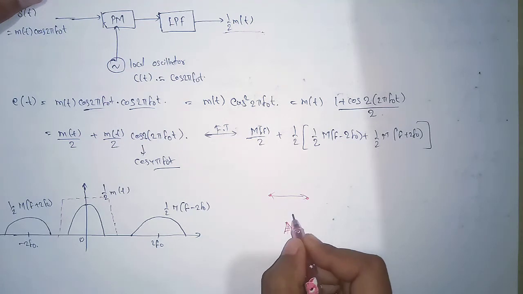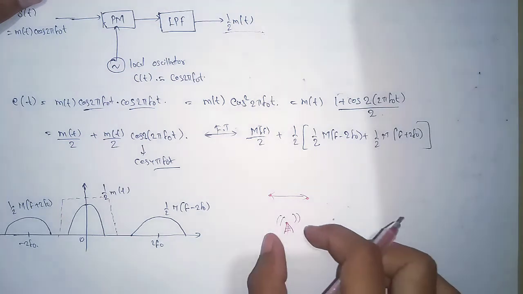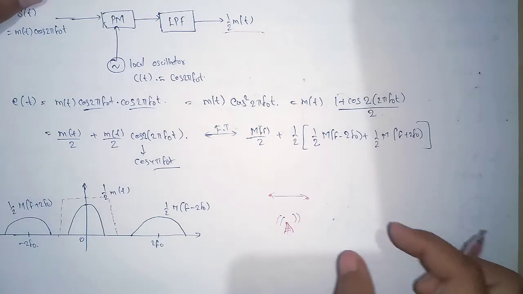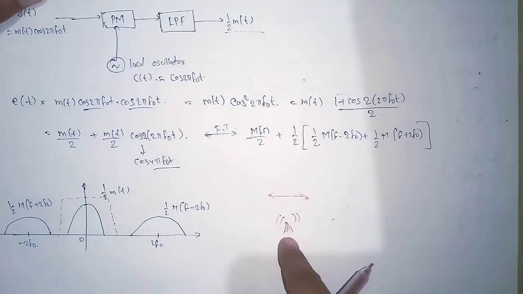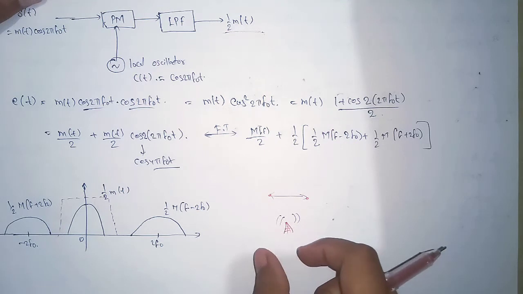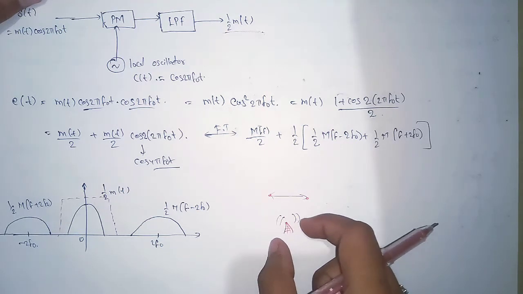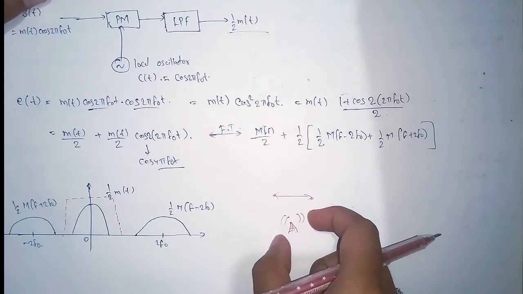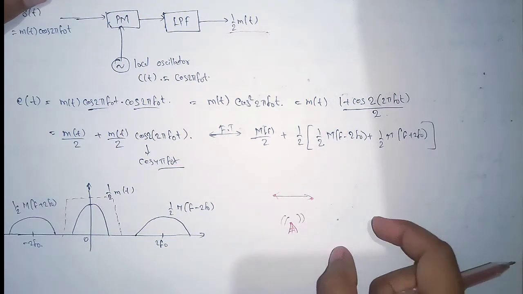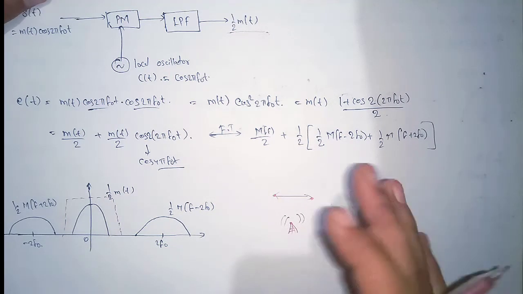If we want to broadcast something, there are hundreds or thousands of people who are receiving the signal from the broadcast system. So this is not okay for a broadcasting system, because the cost of the transmitter is high and the cost of the receiver should be less, but here that is not the case.